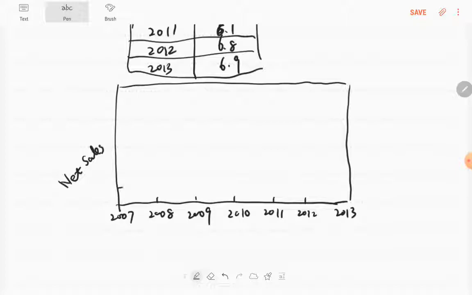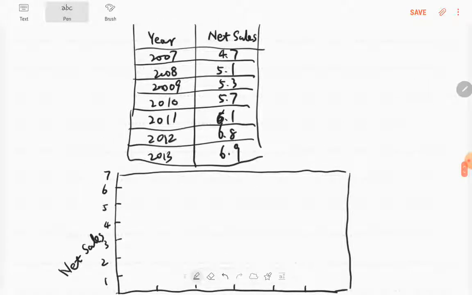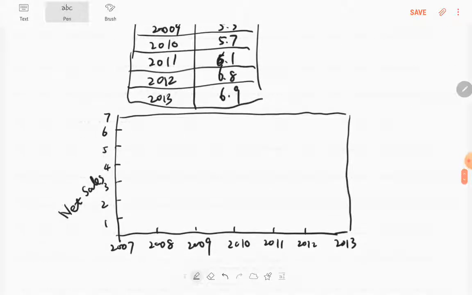So it's 1, 2, 3, 4, 5, 6, 7. Then we try to check the first one, 2007, we have 4.7. So 2007 will be right here.